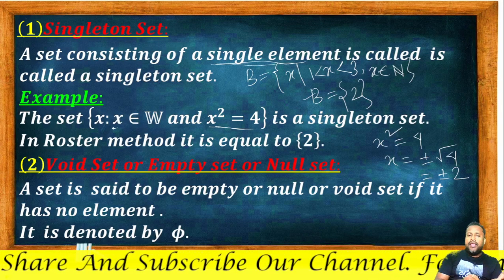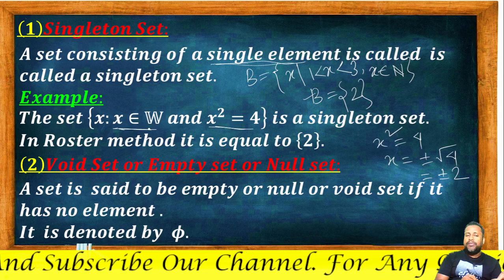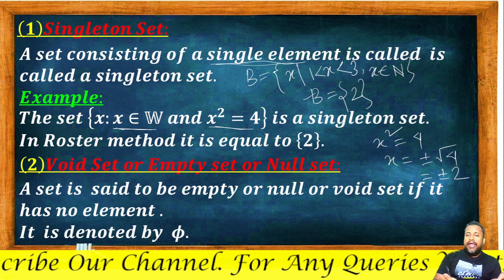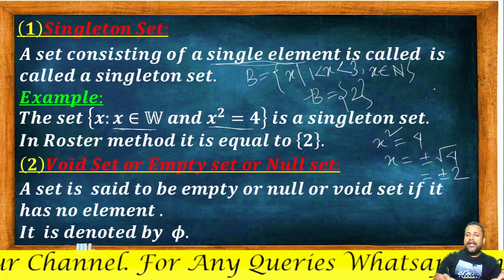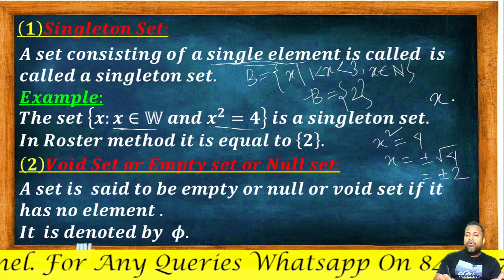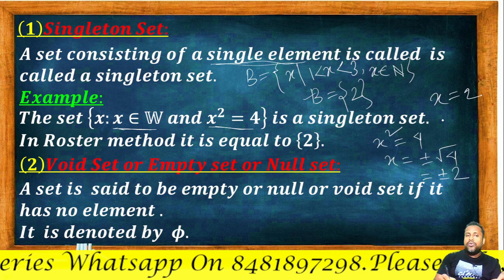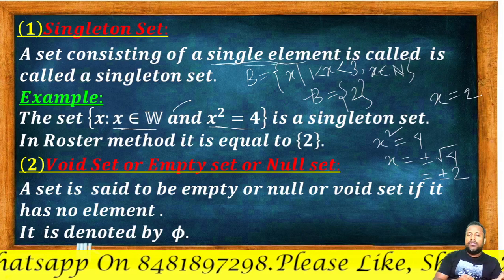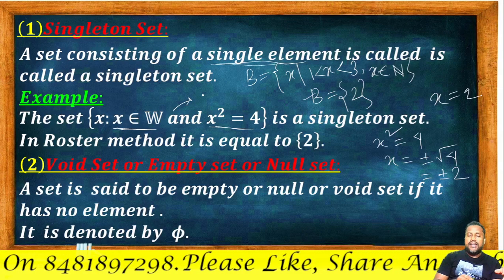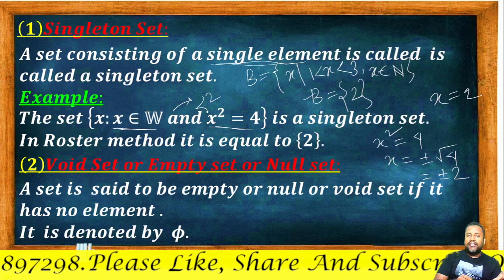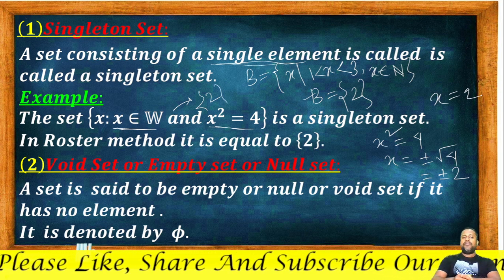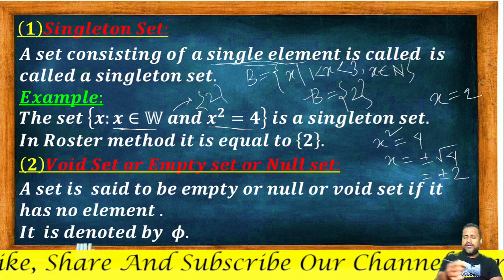But here x belongs to W, so x will be only 2. So this set contains only one element, that is 2. So it will also be a singleton set.